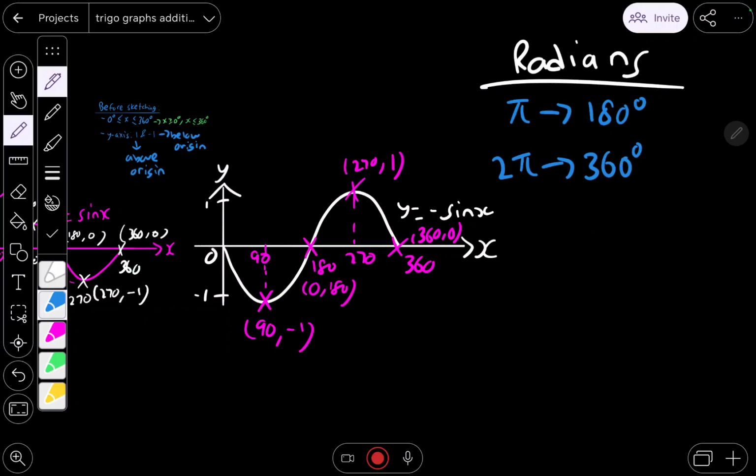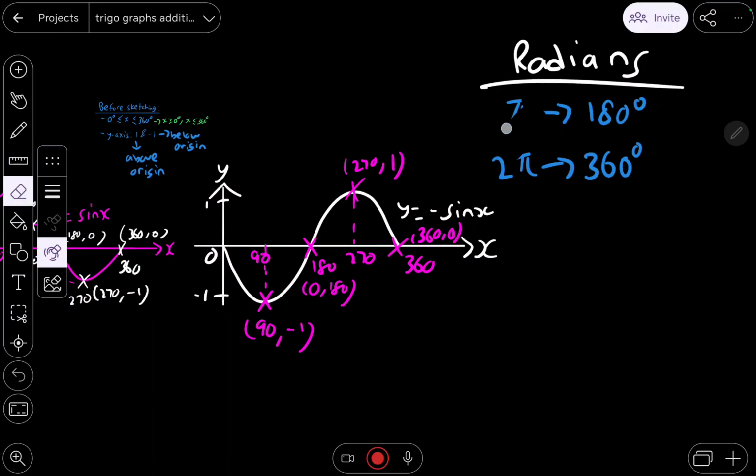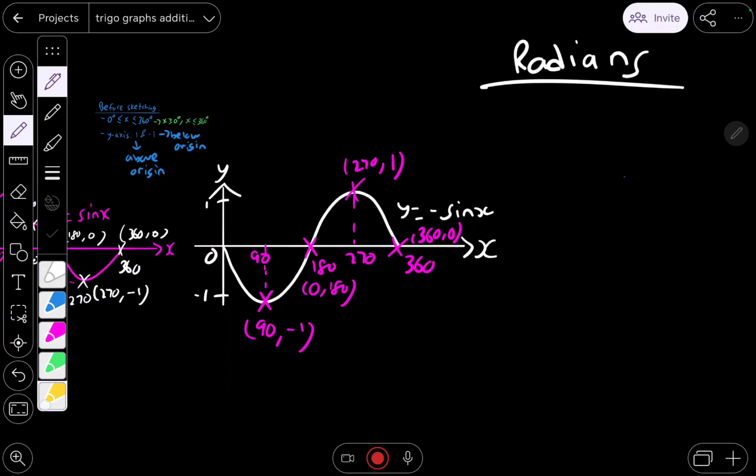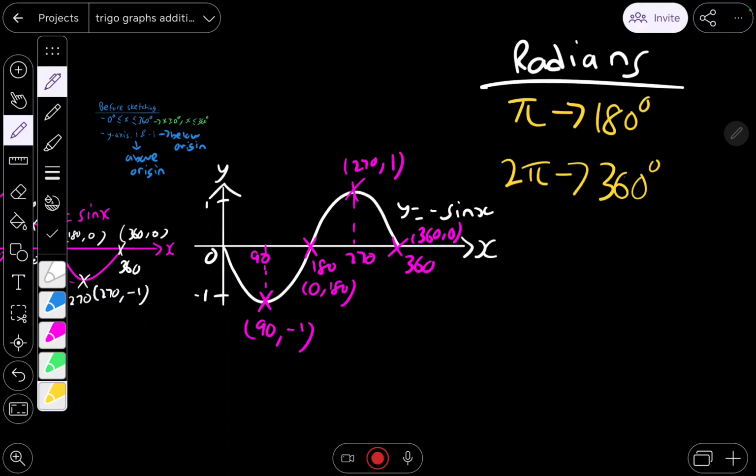I wrote the wrong color, my fault. Let me write it in yellow. Pi is 180 degrees. This is a radian to degree conversion. Why is 2 pi 360? Because pi times 2 is 2 pi, and 180 times 2 is 360.